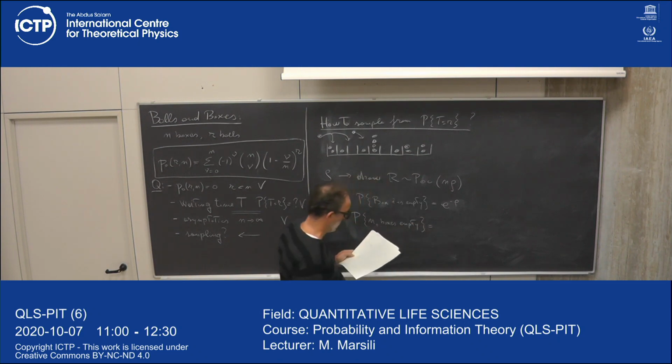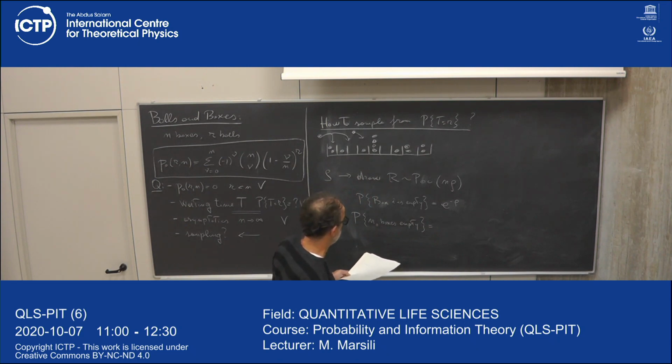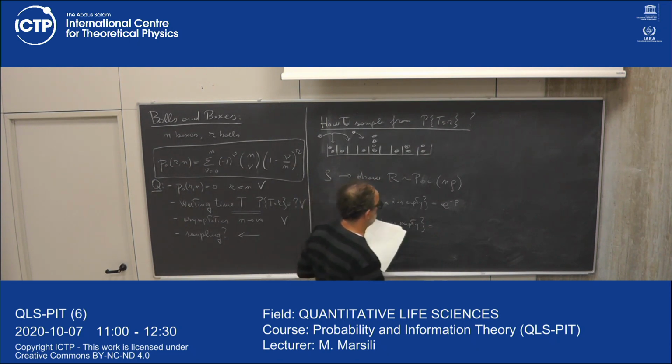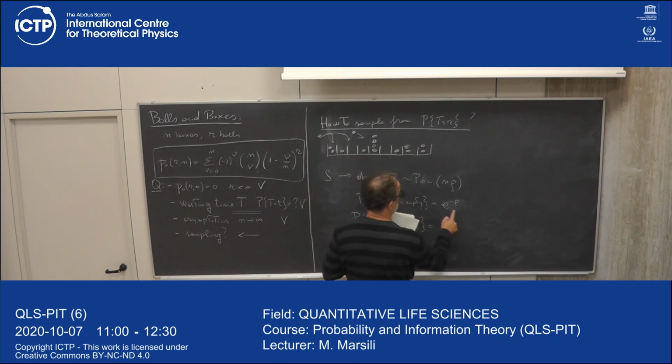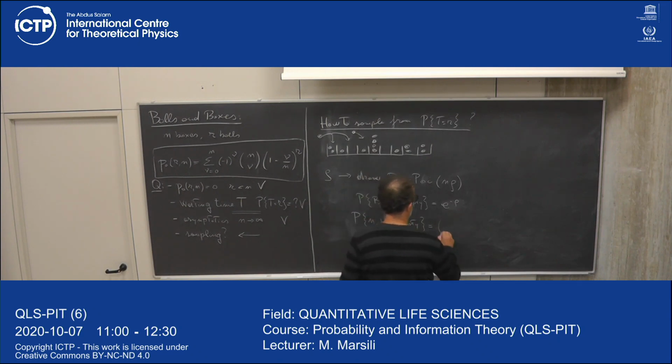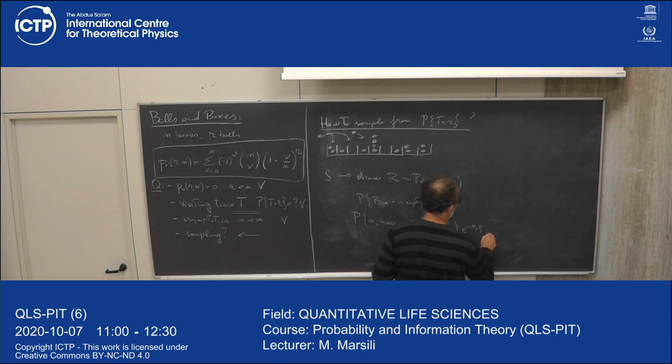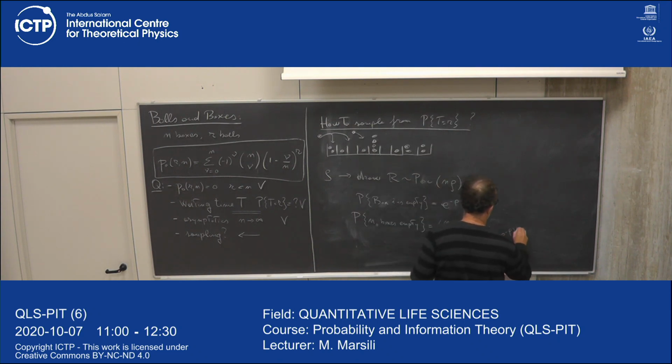And this is just given by the binomial distribution, because every box is empty with this probability. So the probability is just given by this. Okay?